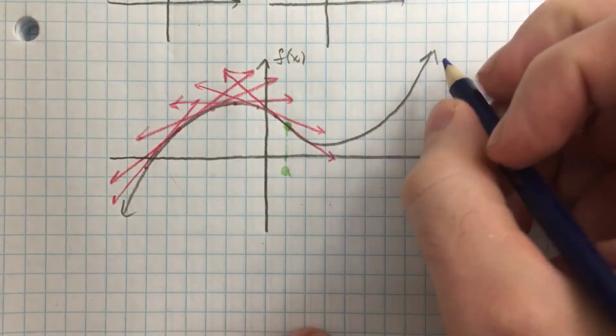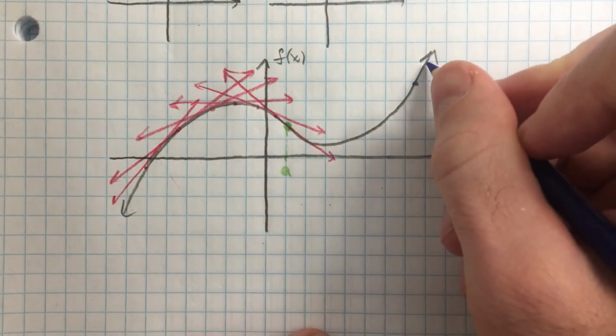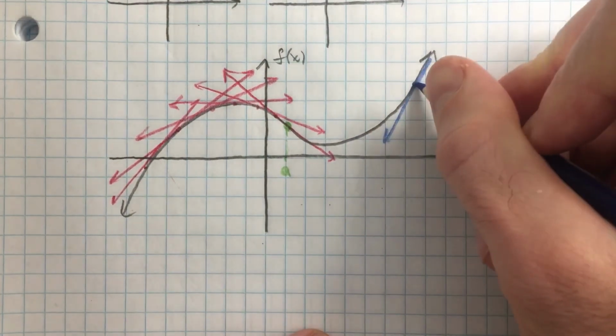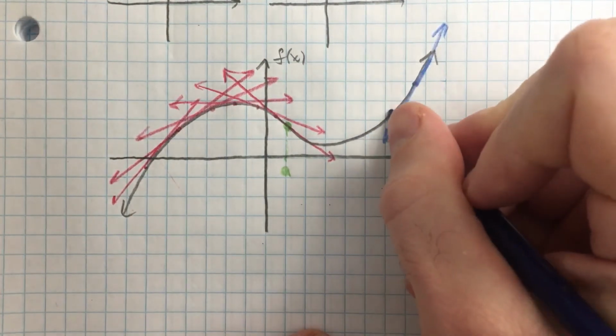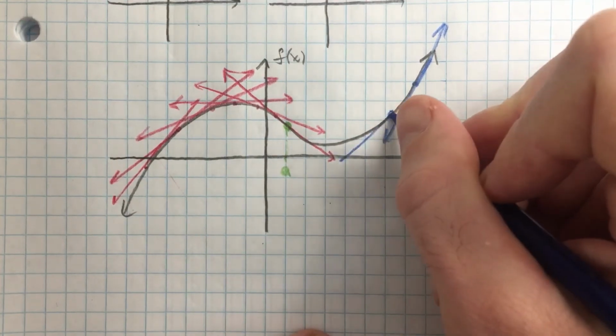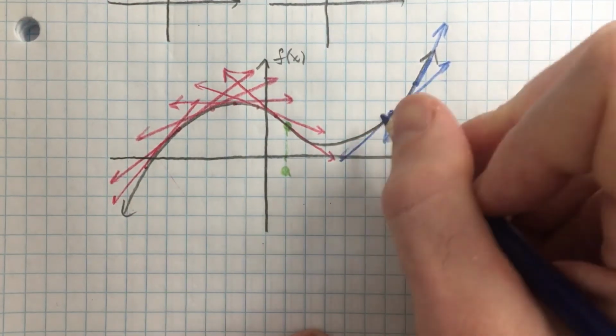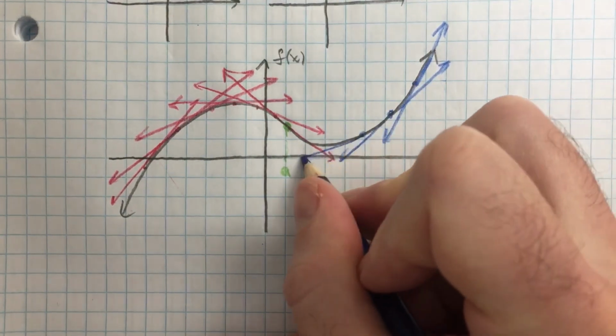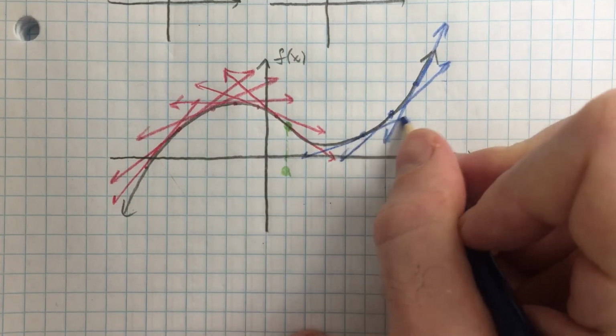I'll draw some more tangent lines. What's going on here? On this side where it appears to be concave up. I'll try to discuss in a moment what is different about these two situations.